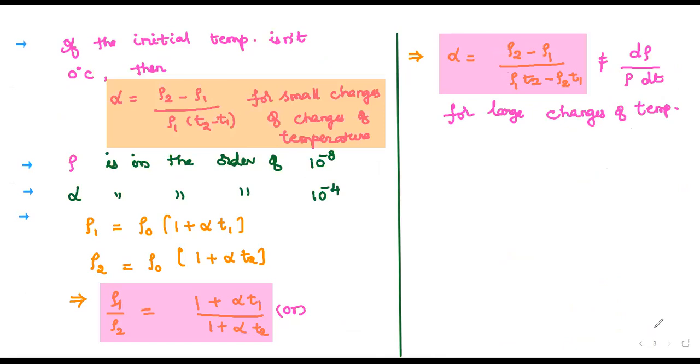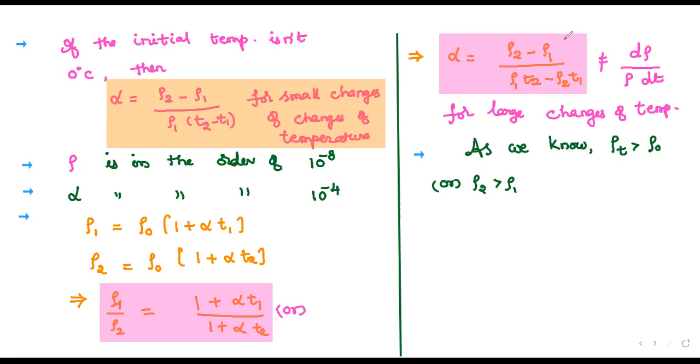So according to theory we write here, as we know, rho t is greater than rho naught, and when temperature is increased resistivity increases, or rho 2 is greater than rho 1.